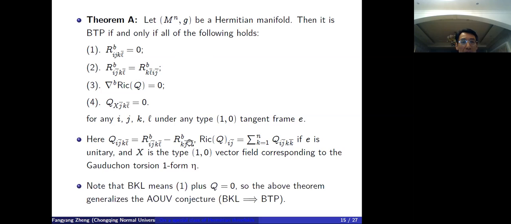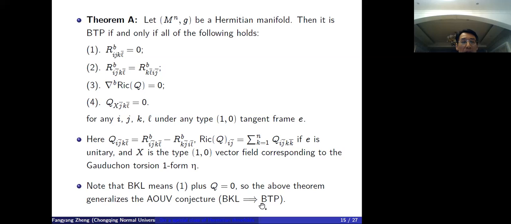You realize that this theorem implies the solution to the AOUV conjecture, because BKL means condition 1 plus Q equal to 0, right? So if it's BKL, then all 4 conditions are satisfied, in which case the theorem says that it's BTP.